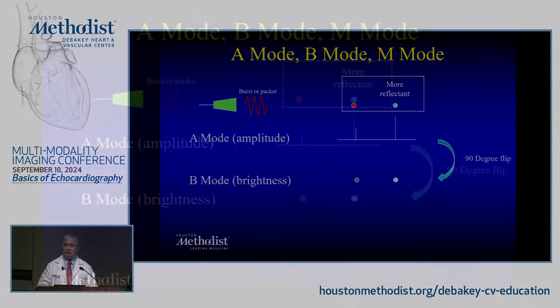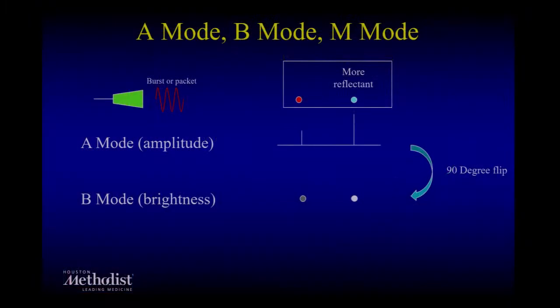B mode is what you see nowadays, particularly on 2D. All the other imaging is basically B mode, which is brightness. A certain structure is reflected back, and the vector is flipped towards you, 90 degrees, so the image is much more intense for a more reflectant structure.